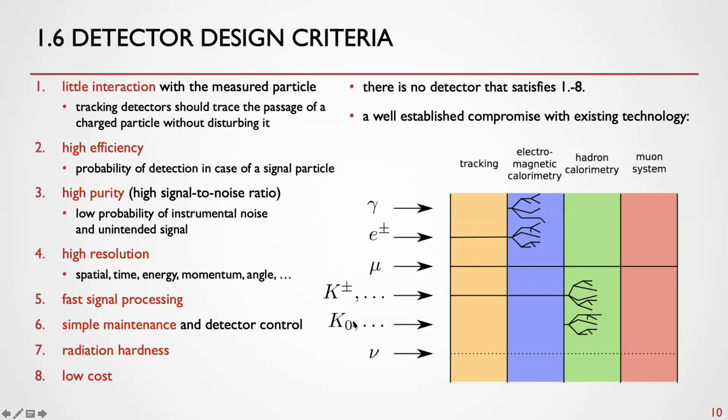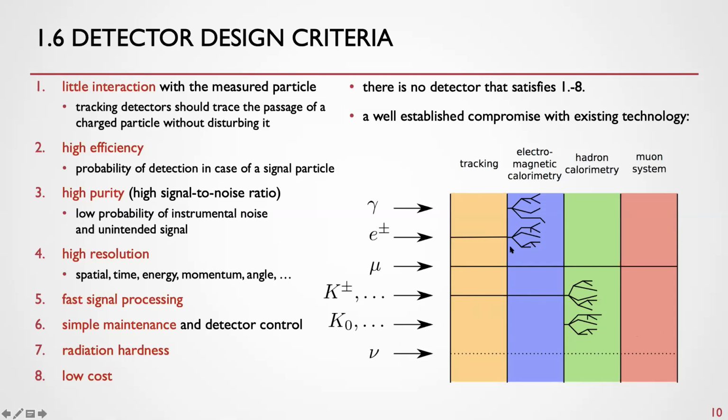Neutral hadrons, like kaons, for example, or neutrons, are more difficult because they don't interact electromagnetically and typically begin their shower interaction only in the hadron calorimeter. A neutrino doesn't interact at all, and a muon passes through all the detector components without showering, because it is a heavy charged lepton, heavy with respect to the electron. That means it leaves a track in the tracking system.